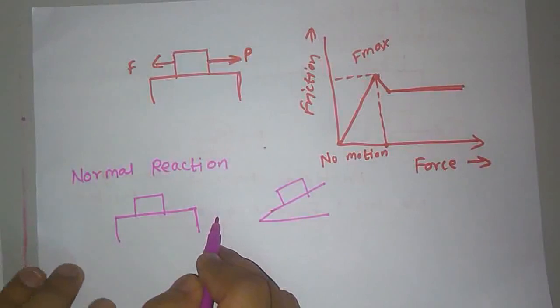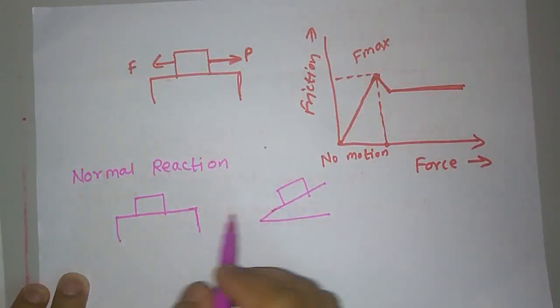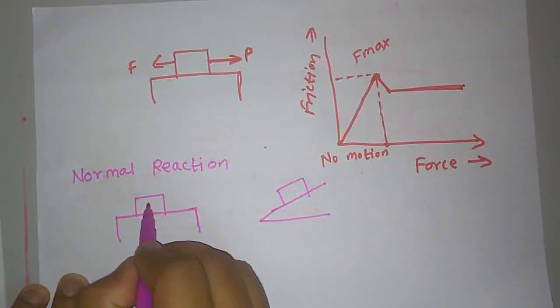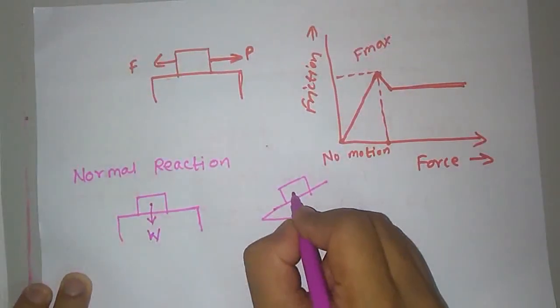In such a situation, the weight of the block acts vertically downward through its center of gravity.